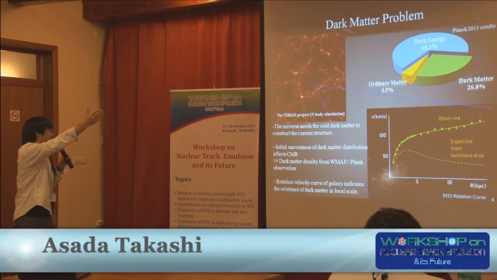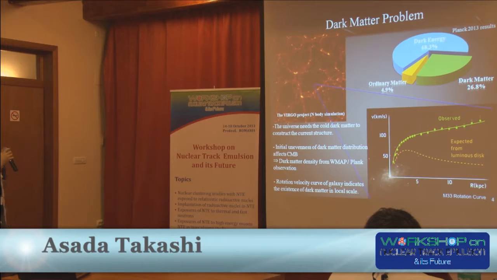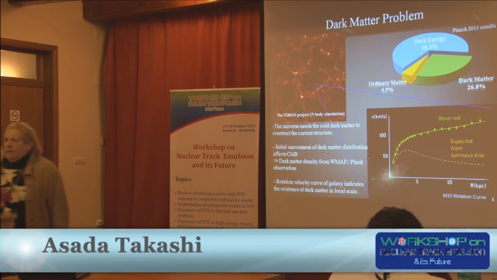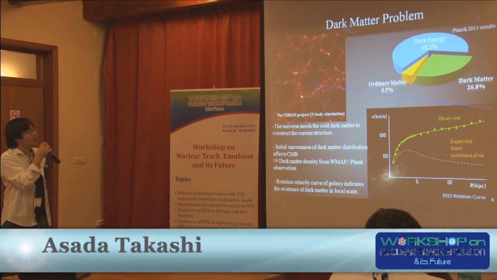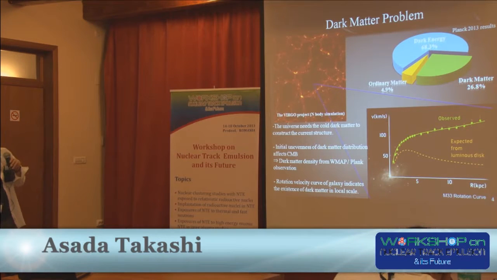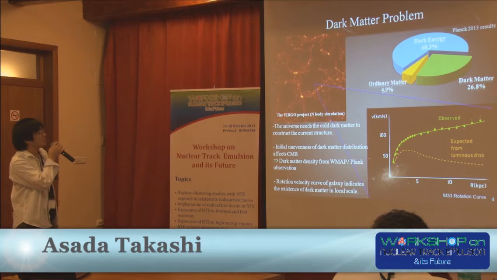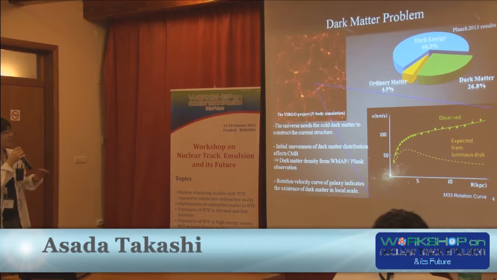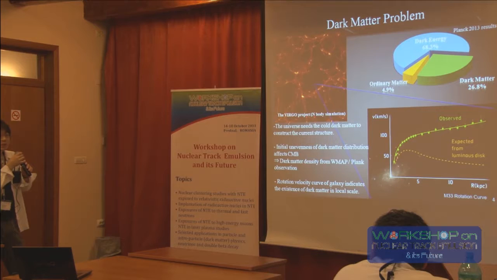The right top image is the result of the Planck, and it means dark matter is about 5 times bigger than ordinary matter. And the right bottom one is the galaxy rotation curve, and it indicates that dark matter exists on a very local scale.